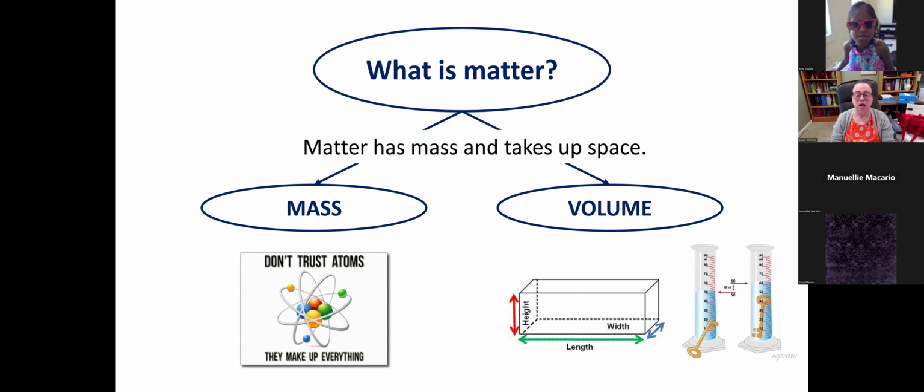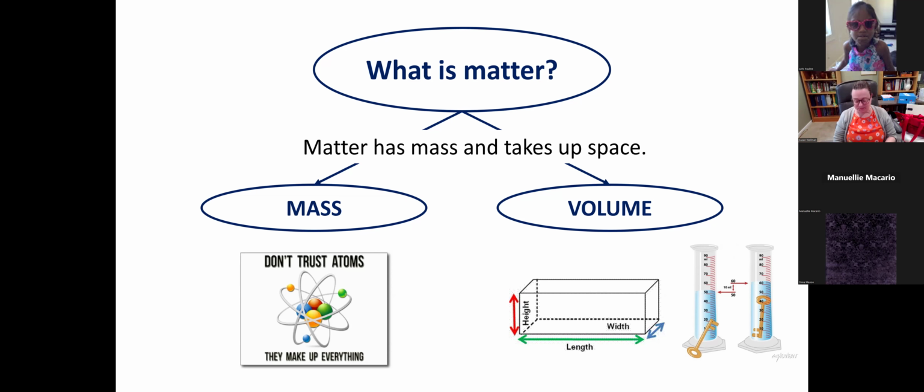So if we had a box, we could measure its length and its width and its height, and figure out what its volume is. Or if we had some weird shaped object that didn't have a nice geometric shape, we could find its volume in a different way by looking at how it displaced a liquid. We're actually going to do both of those in our lab, should we ever be on campus again, hopefully next week.